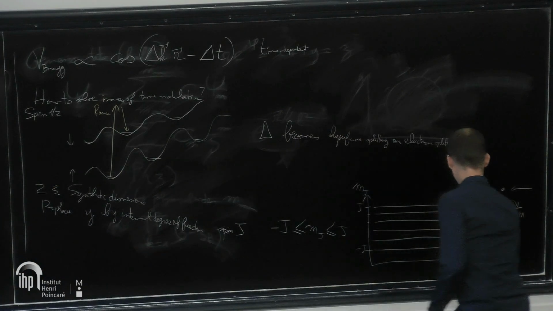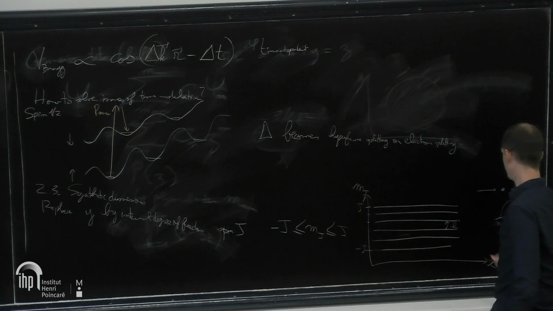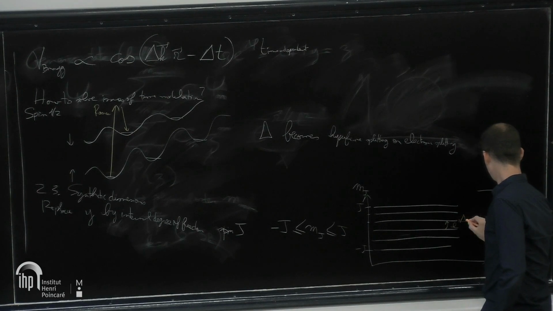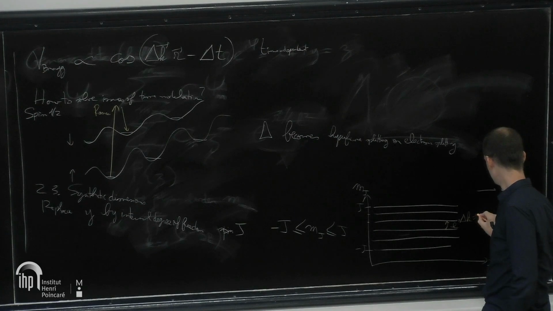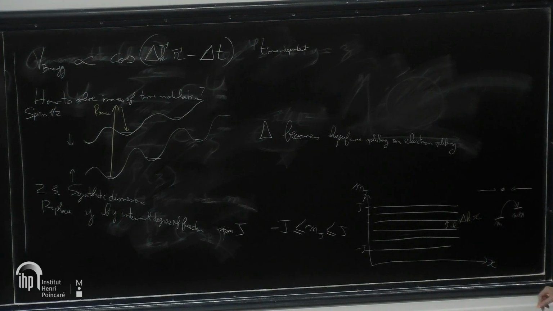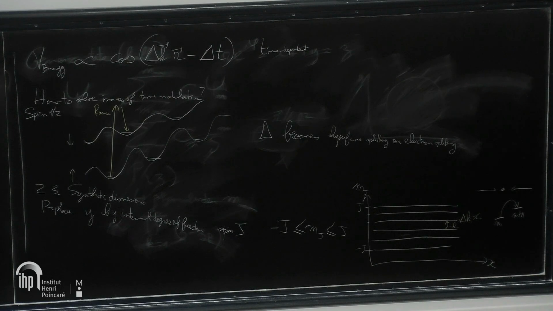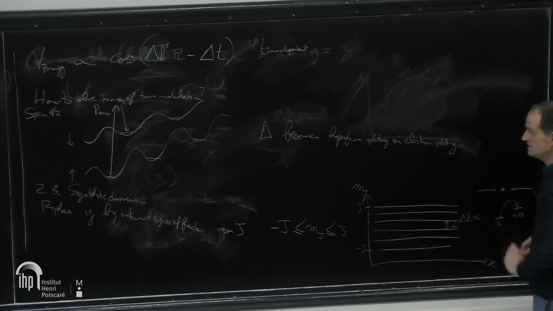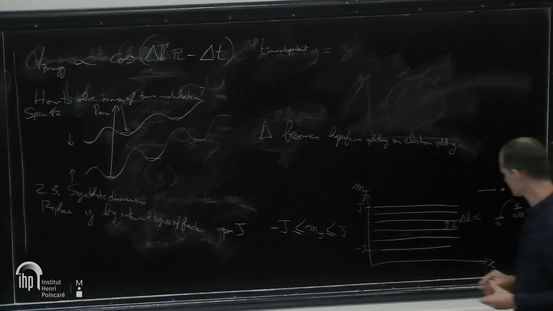And as I already explained, this comes together with a complex phase, which is here the difference in the momentum of the two lasers times the position x. So it's really equivalent to what I already explained. But that's it. We only need this ingredient, so it's very simple. Only dynamics along x and dynamics along the spin direction.